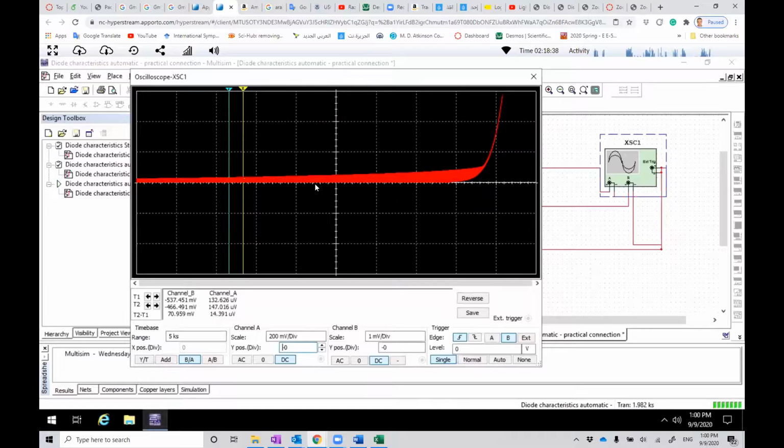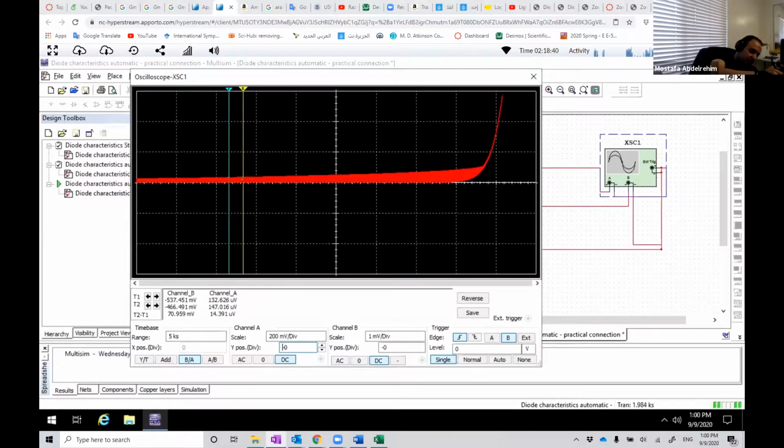So let me do it with you. We have 4 divisions minus... and what is the number of divisions of that one? It's not clear. So let's bring it down from channel B, because channel B is on the vertical axis. We change the position of the curve using channel B Y position.